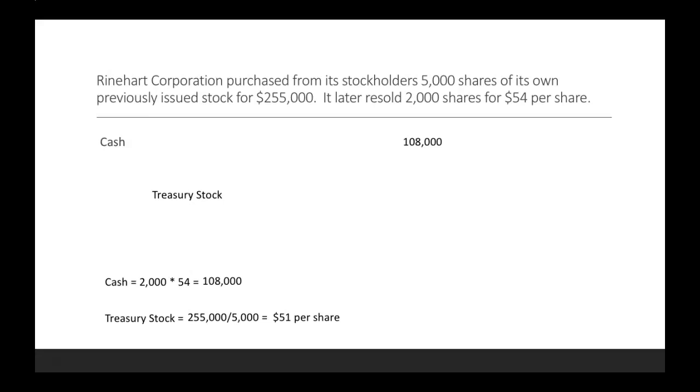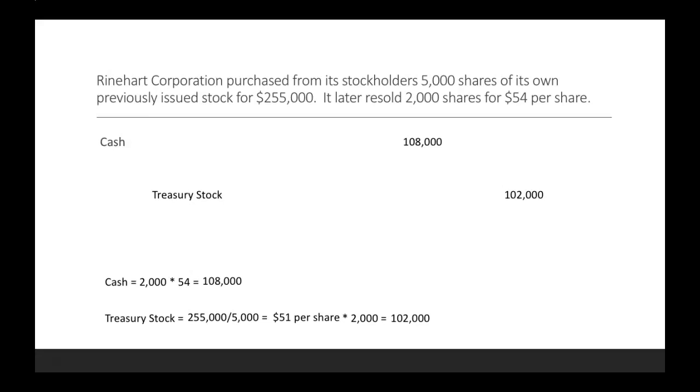So that's going to be true for all 5,000 of these shares that we have. We paid $51 per share. So to find our treasury stock number in this entry, we take that $51 per share, multiply it by the 2,000, because we are selling 2,000 shares. So our treasury stock will be credited $102,000.